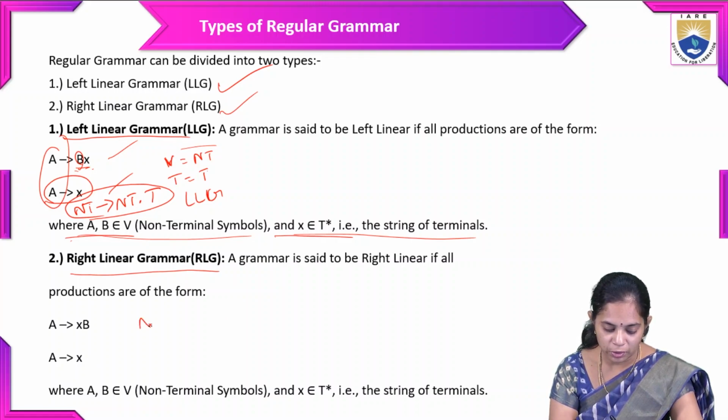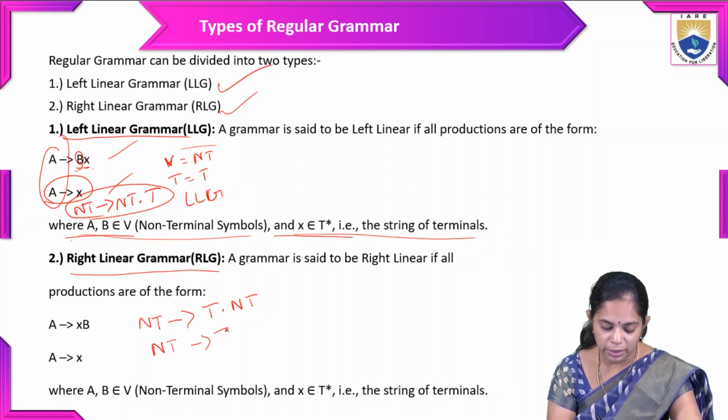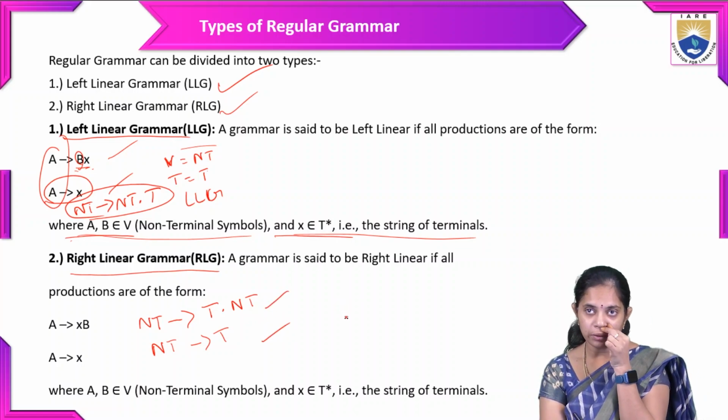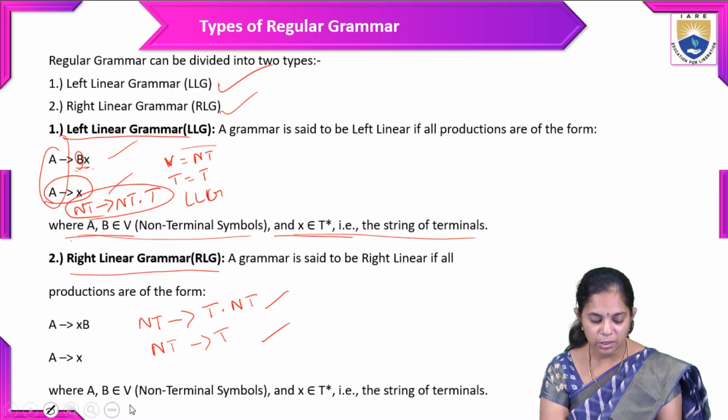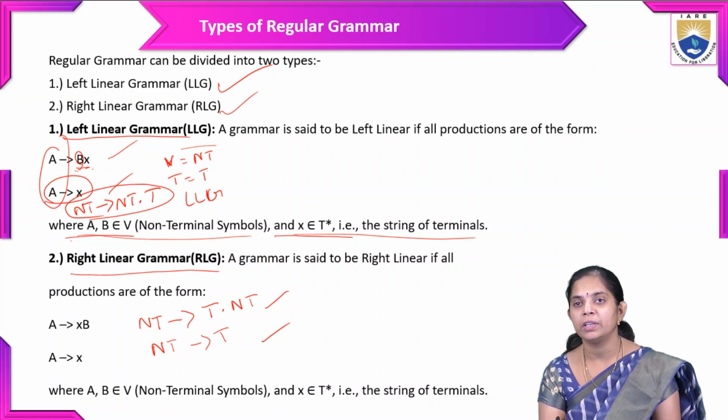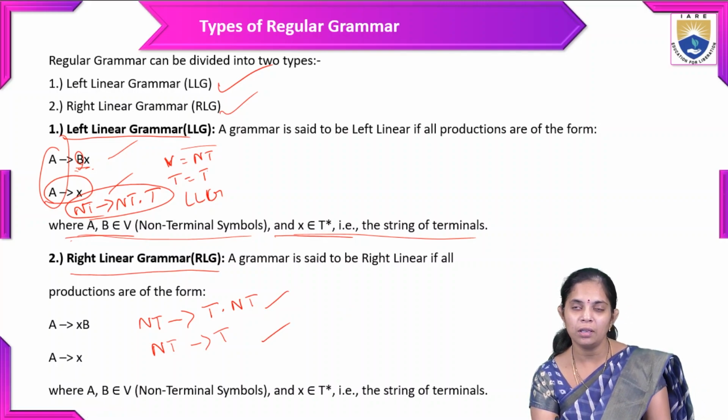So a terminal followed by a non-terminal, and also a single terminal representing T, is accepted as a right linear grammar. Here A and B are the variables, and X is the terminal.